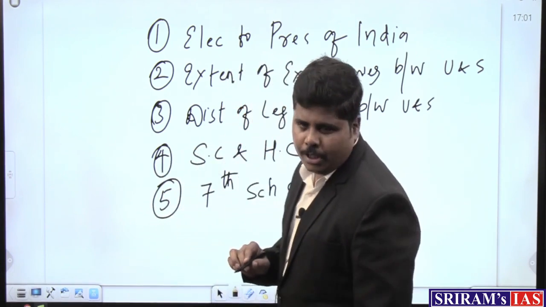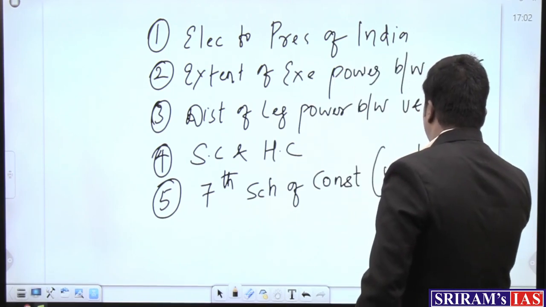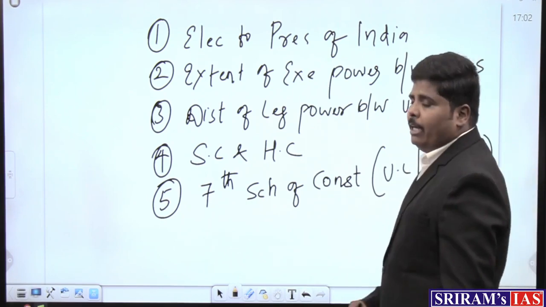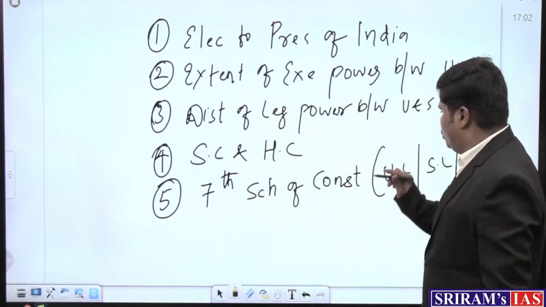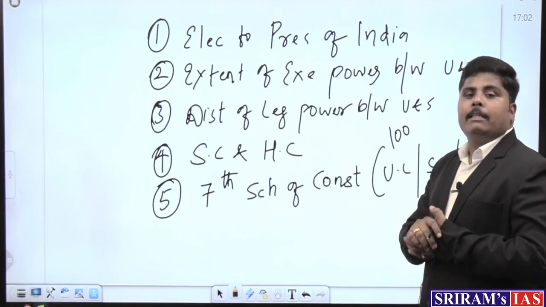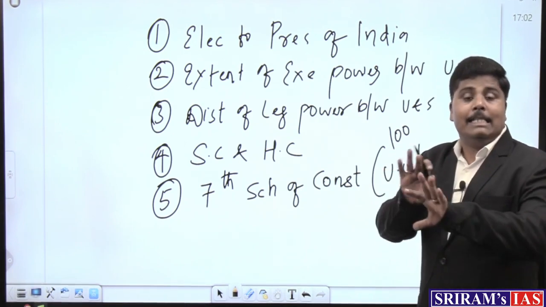The 7th schedule of the Constitution deals with items like the union list, state list, concurrent list. Union list means only the central government can make law in these areas. There are totally 100 items where only the center can make a law. Then we have the state list, where only the state legislature can make a law, the center cannot.